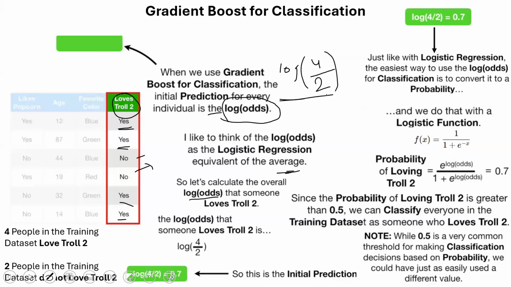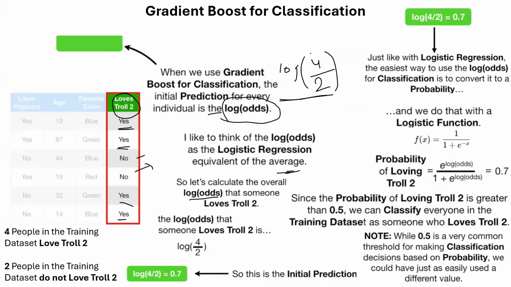This is how you calculate the log of odds. 4 people in the training data set love Troll 2 and 2 people don't, so the log of odds will be log of 4 by 2.